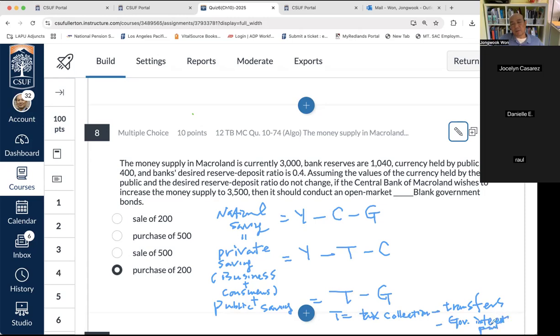Depending on the problem, if T minus G is positive, that's a budget surplus.